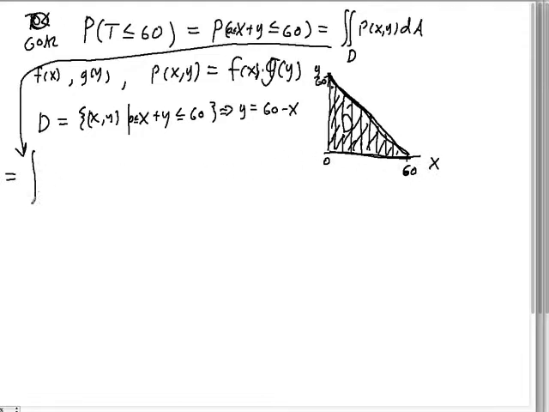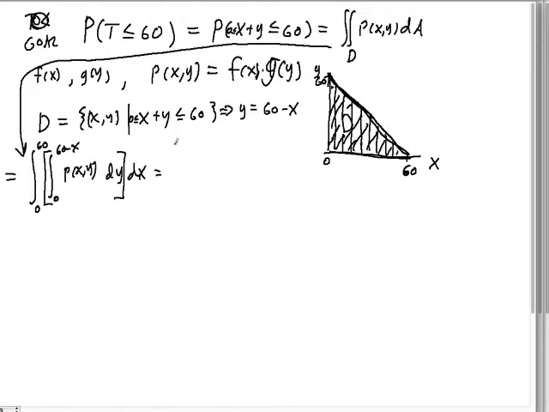So the outer integral will be the x integral, from 0 to 60, with a dx on the outside. On the inside, we'll put our dy, and this integral is going to be from 0 all the way to 60 minus x. That's going to be p of x comma y.